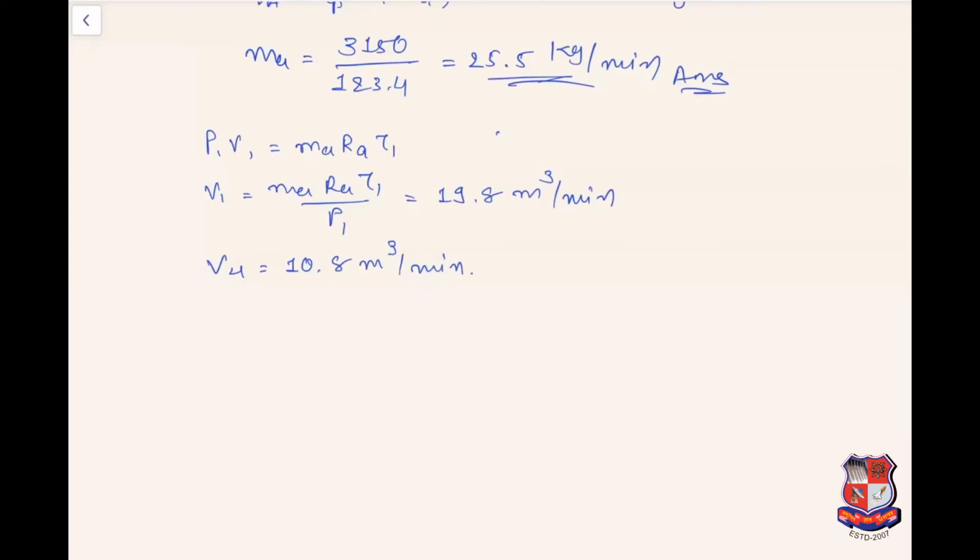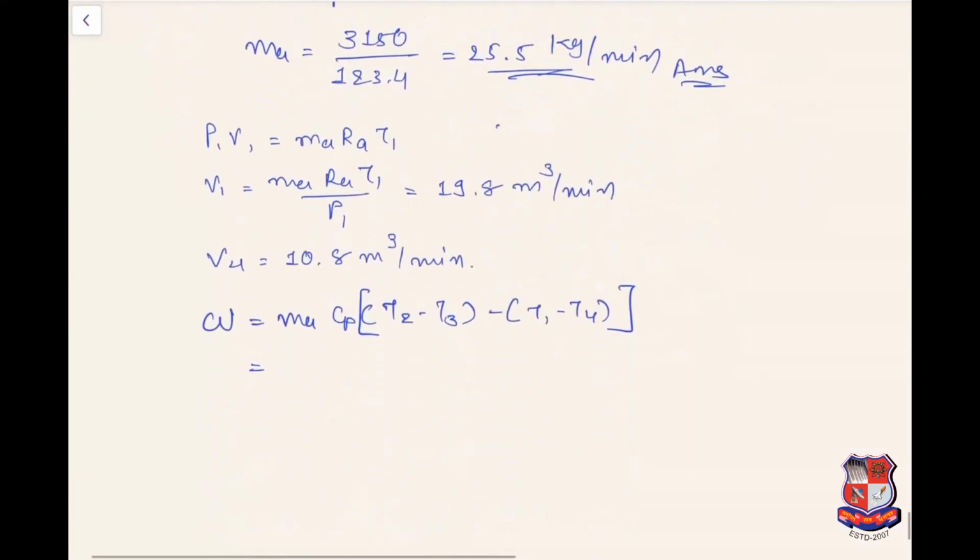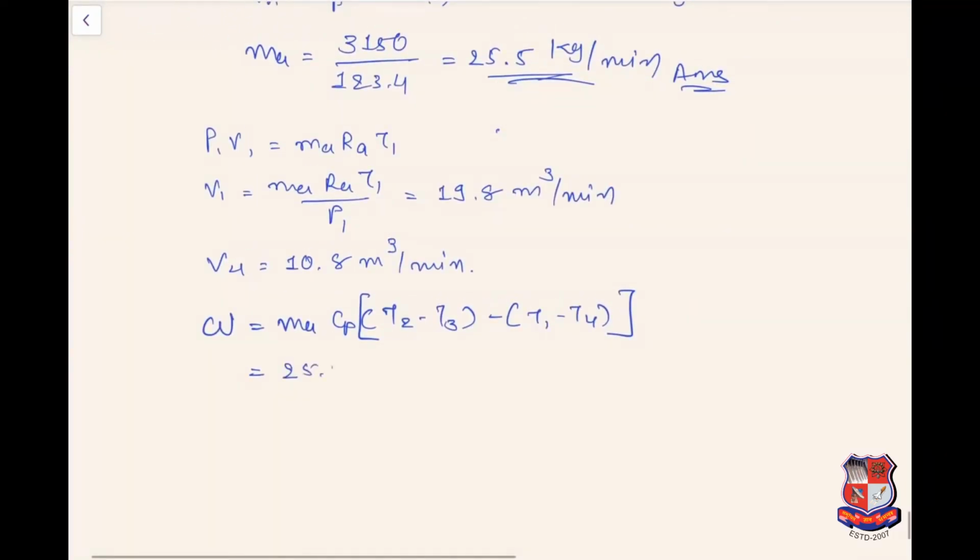In the same way we can also find the net work done, W, that is equal to MA Cp [(T2 minus T3) minus (T1 minus T4)]. Here we can't take it directly from the capacity, so MA, that is 25.5 into 1, and putting in the values, (538 minus 293) minus (271 minus 147.6).